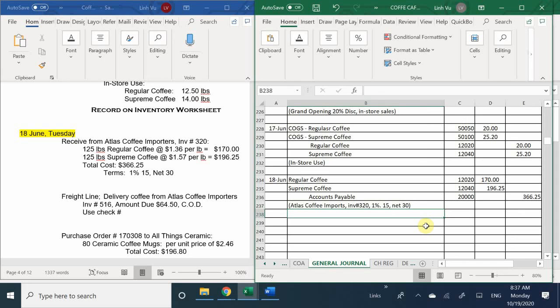And we go to our ledger. But before we go there, there's one more thing that we didn't do. Purchase orders, please.